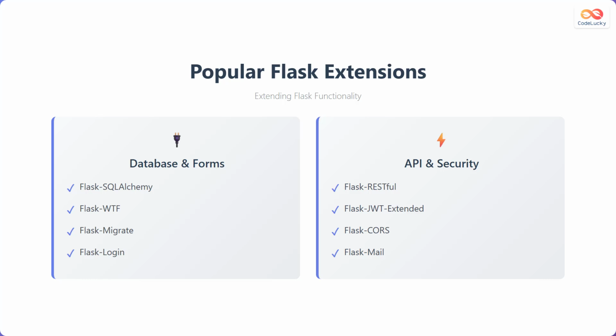For API development, Flask-RESTful provides tools for building REST APIs quickly. Flask-JWT-Extended adds JSON web token support for stateless authentication. Flask-CORS handles cross-origin resource sharing for API endpoints. Flask-Mail enables email sending functionality. These extensions follow Flask's philosophy of being modular and easy to integrate.